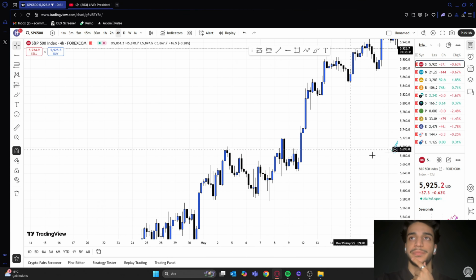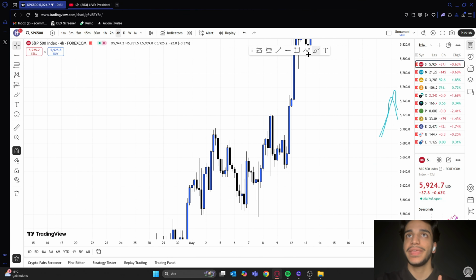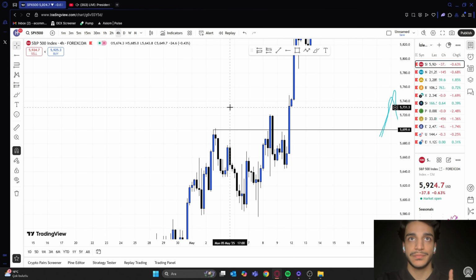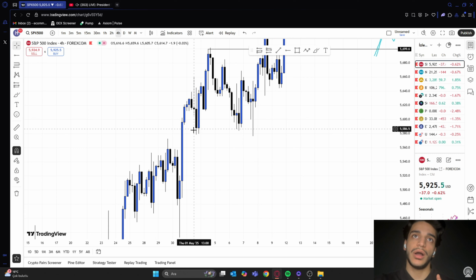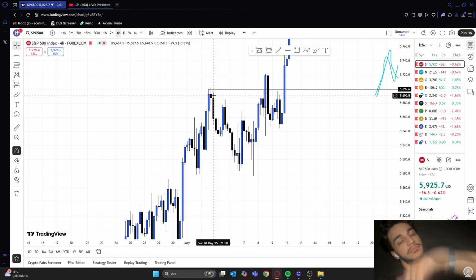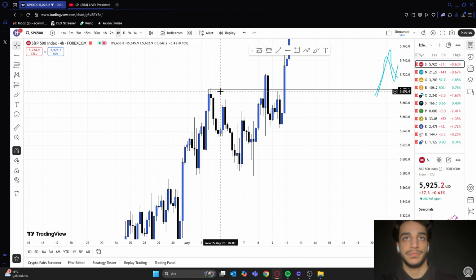So for example, right here we have a liquidity sweep. You see, we have been coming up, retested up, and swept liquidity. So what are we gonna do?